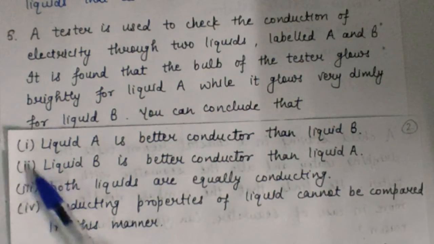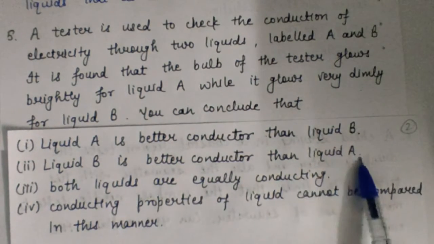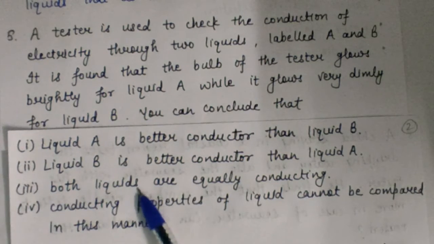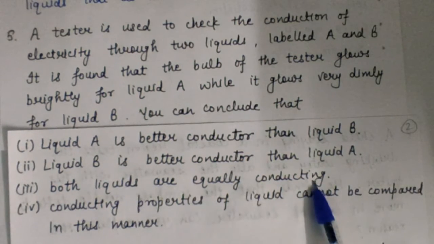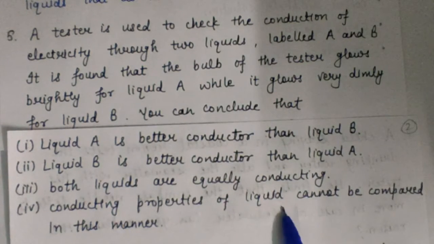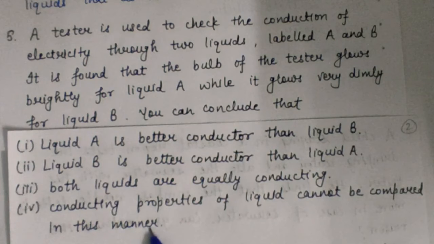Second option is, liquid B is better conductor than liquid A. Third option is, both liquids are equally conducting. And the last option is, conducting properties of liquid cannot be compared in this manner.